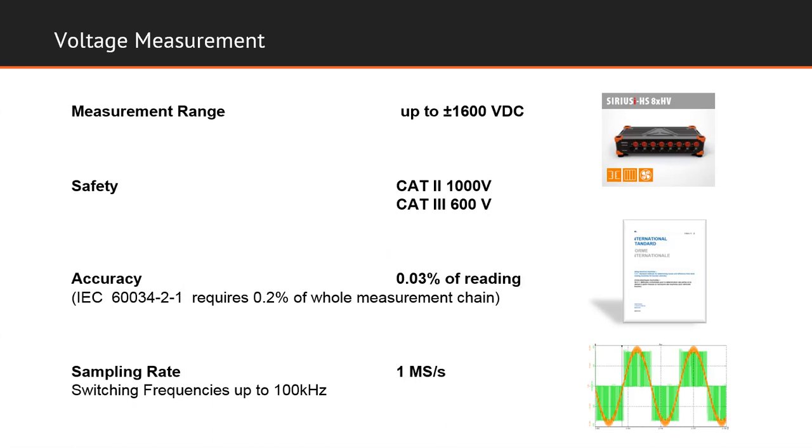So if you take a look at the IEC 60034-21, the measurement requires there 0.2% of the whole measurement chain. So we can afford this and fulfill the requirements of the standard. And we have the high sampling rate with 1 megasample per second to measure also switching frequencies up to 100 kilohertz accurately.